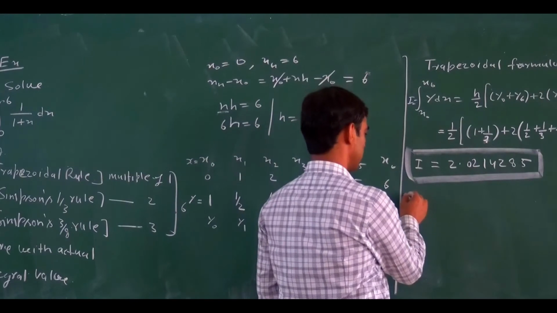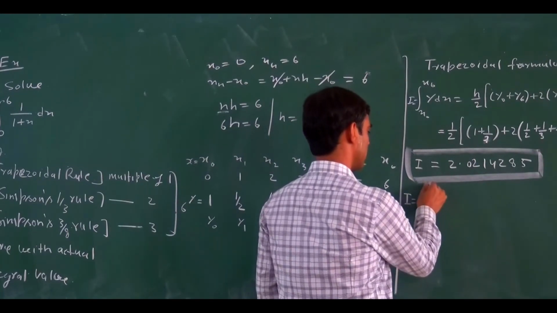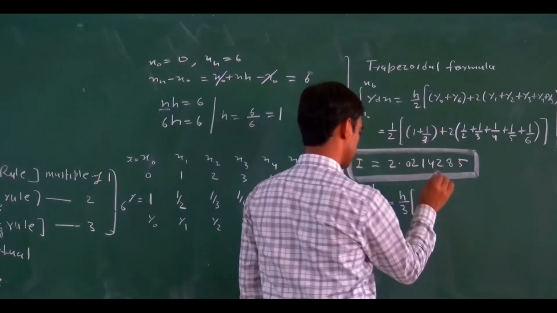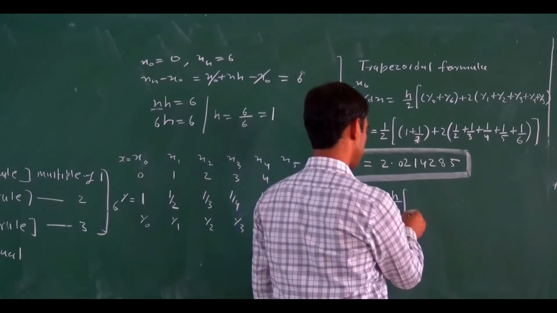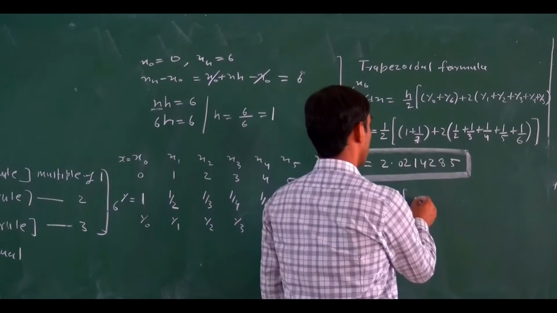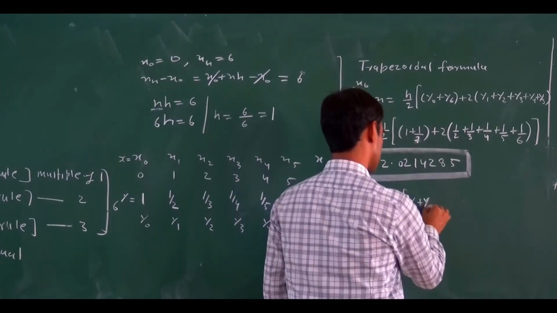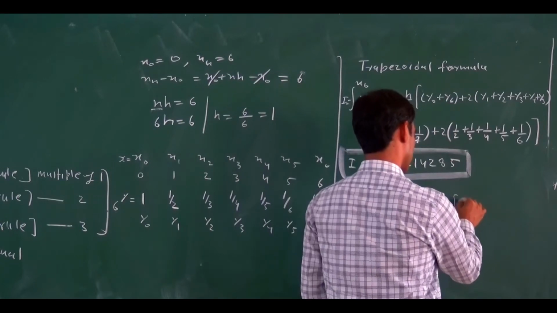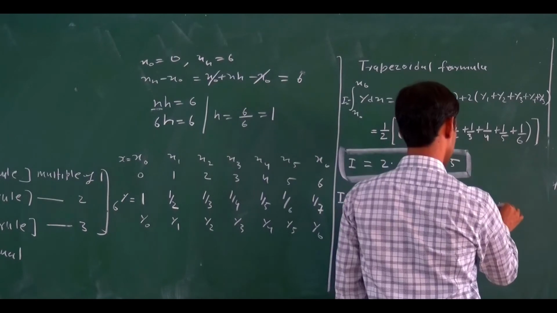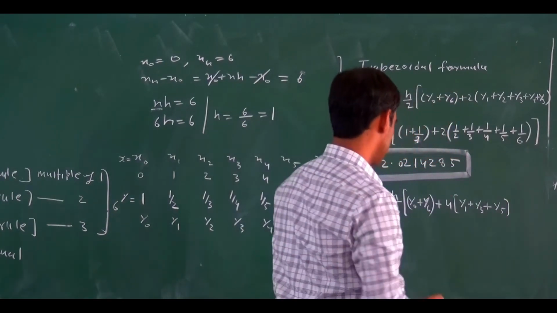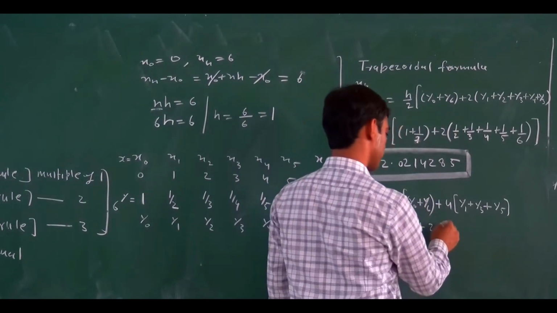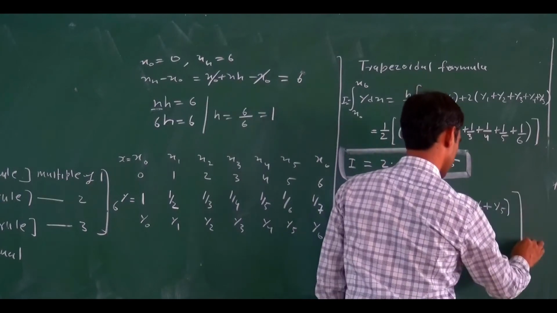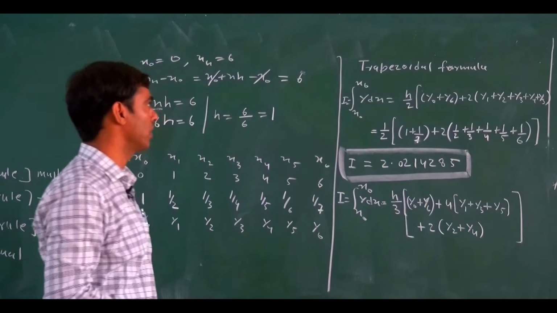I equals the integral from x0 to x6 of y dx, which equals h by 3 times y0 plus y6, the first and last terms, plus 4 times the odd terms, y1 plus y3 plus y5, plus 2 times the even terms, y2 plus y4. This one is the Simpson 1/3 formula.